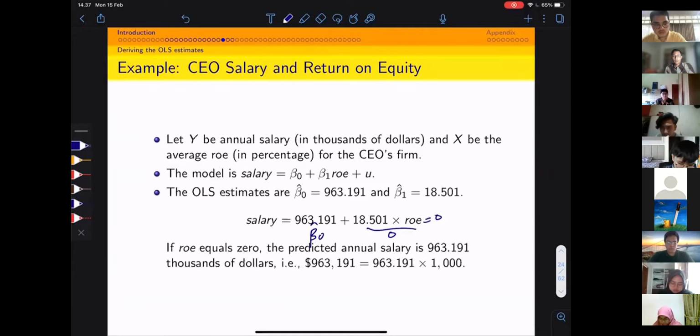Why is it thousands? Recall that the unit for Y is $1,000. That's the interpretation of beta 0: the average value of the dependent variable, given that the value of X, which in this case is ROE, is equal to 0.